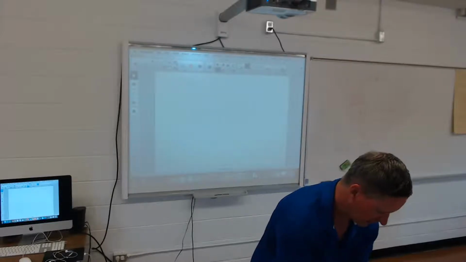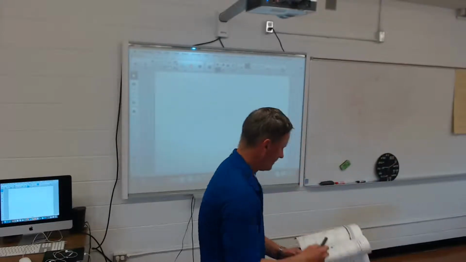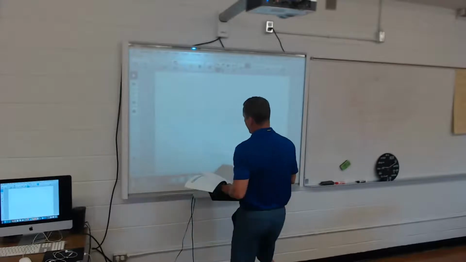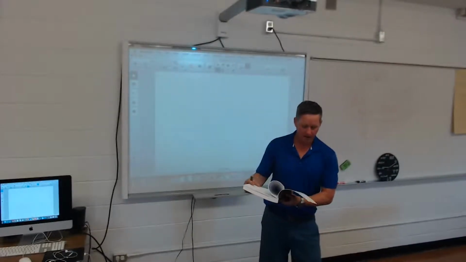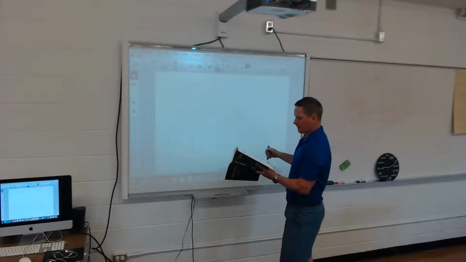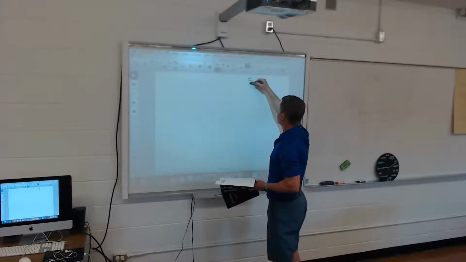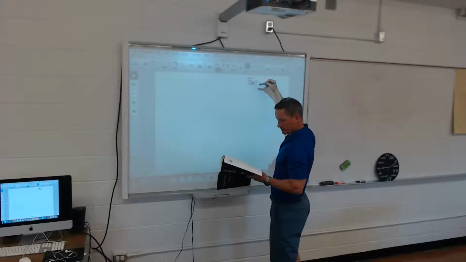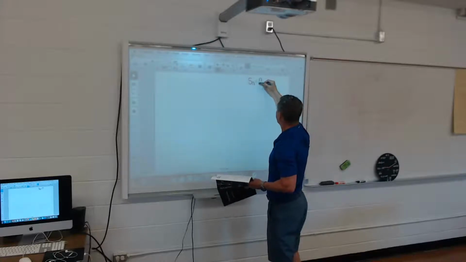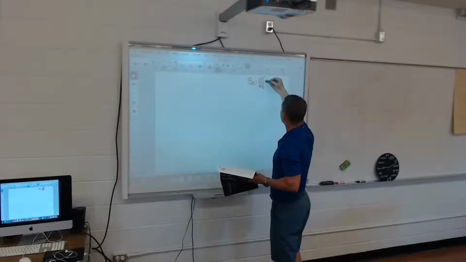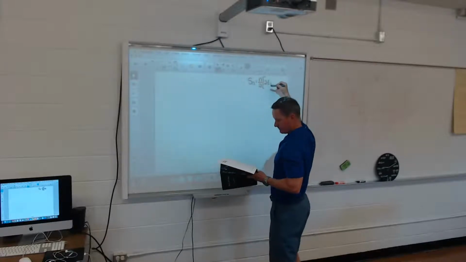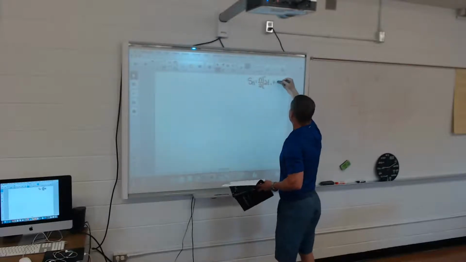One of the things that I did not do and I should have done, maybe, I'm just going to write it down for my own benefit right now. And that is, you have a formula sheet that was given to you at some point at the start of the year, and on that formula sheet, for the sum of an arithmetic sequence, they gave you two equations. So S to the n equals n over 2 times 2t to the 1 plus n minus 1 times d.